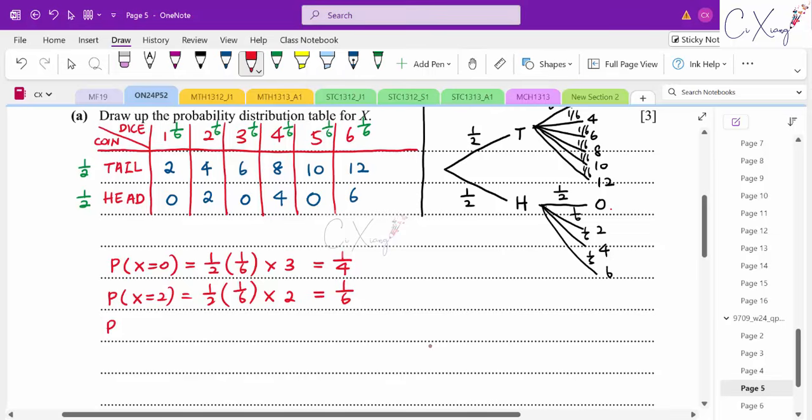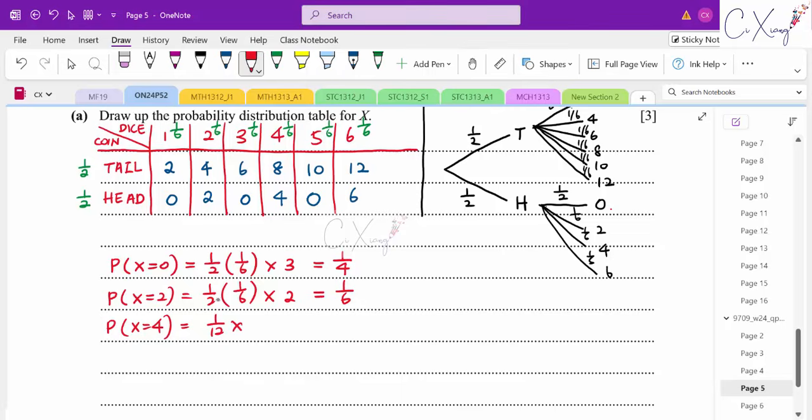Right, then after that, we continue further, X equals to 4. So X equals to 4 means you are taking 1 over 12. 1 over 2 multiplied with 1 over 6, you get 1 over 12, right? And then you calculate how many 4s are there. You're having 2 fours here, so times 2, so you're also having 1 over 6. Then you have X equals to 6. It only appears one time in your table, so it should be multiplied with 1.